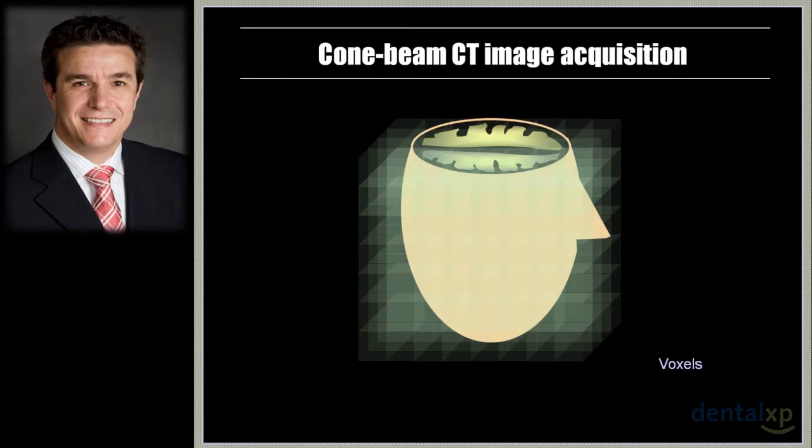Now these very small three-dimensional areas or cubes of diagnostic information, if you wish, throughout the patient's head, from now on we will call them voxels. So the dimensions of the voxel that the imaging volume is going to be composed of is going to be determined by the dimensions of the pixels of the detector, as we saw earlier.